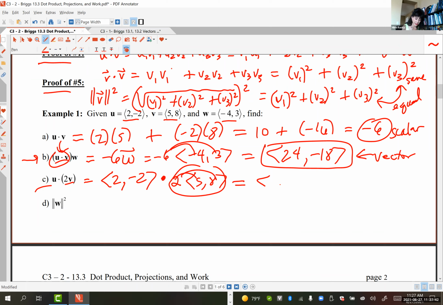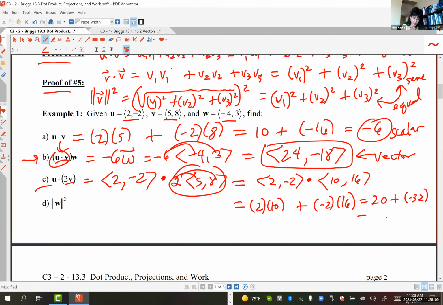So we'll still have this 2, negative 2 waiting to dot product with this scalar multiple, which ends up being the vector 10, 16. And now we're ready to do the dot product. Aha. So we'll multiply the x components, 2 times 10, plus we'll multiply the y components, -2 times 16. I get 20 plus -32, and I get a final answer of -12. Ta-da! And it is a scalar, because this was a dot product overall.